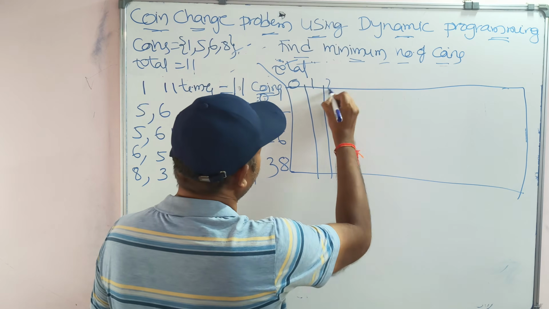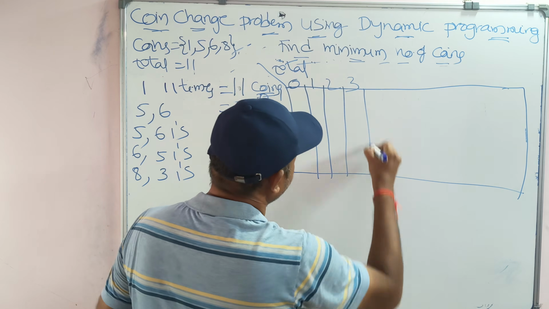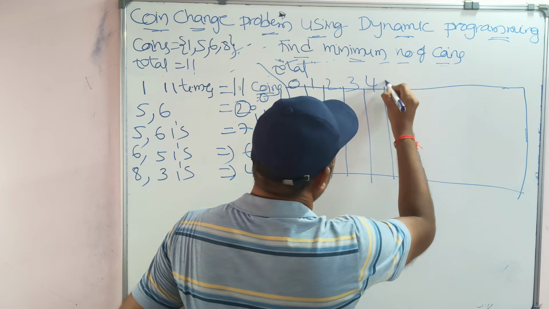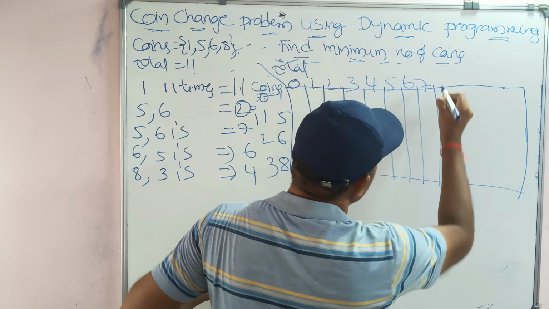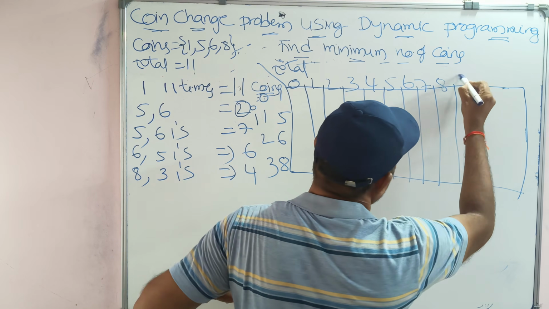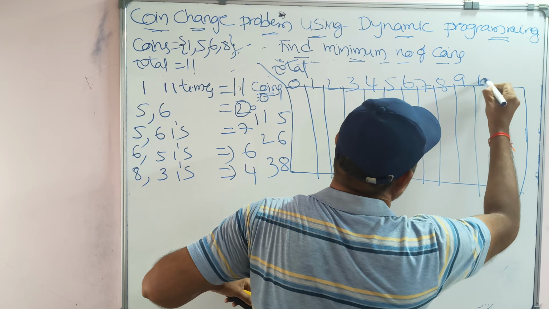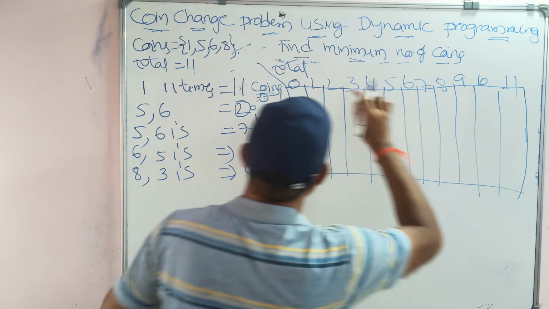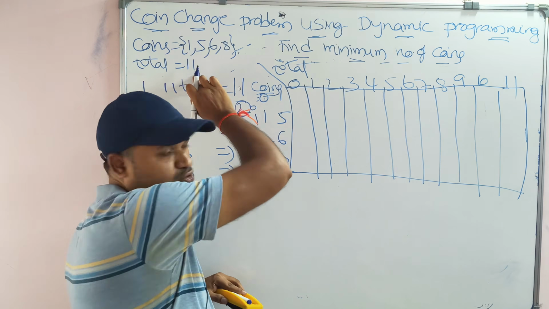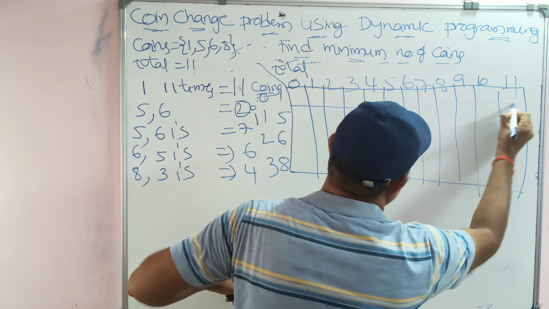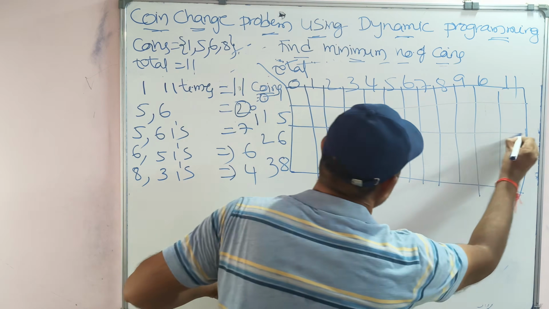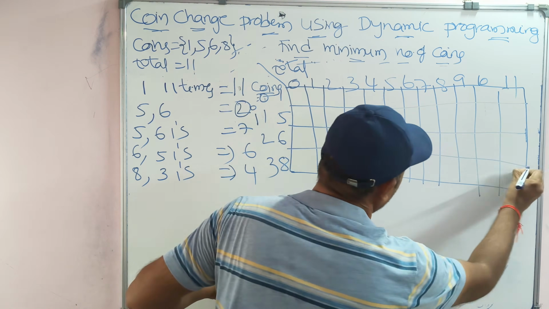Sub-problem 0, 1, next 2, 3, 4, 5, 6. So this is a matrix or table. So in order to solve this problem, we are using this matrix or table. So totally from 0 to 11. As the total is 11, we have to go from 0 to 11. So this is the first row, next row, third row and fourth row.